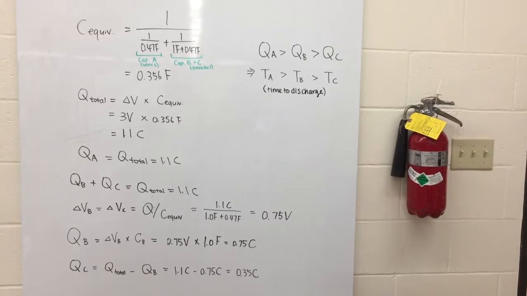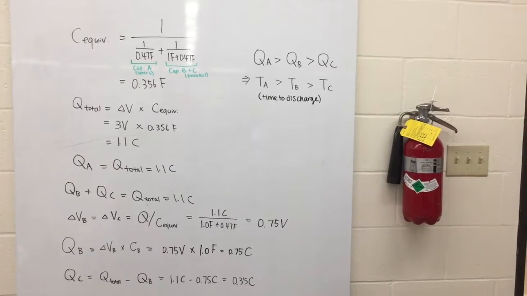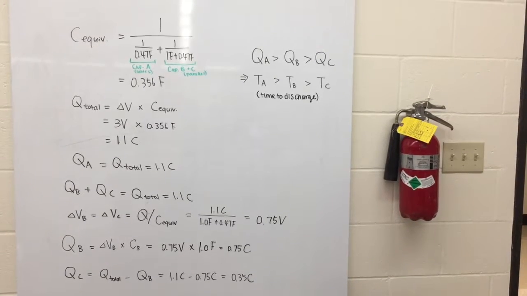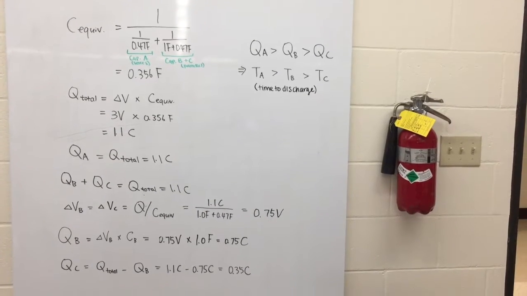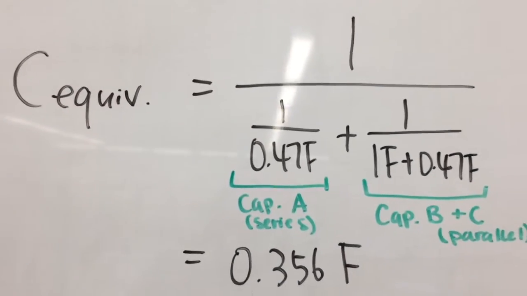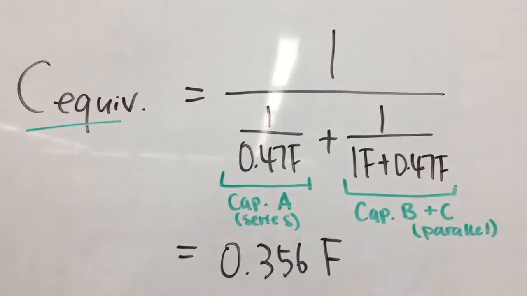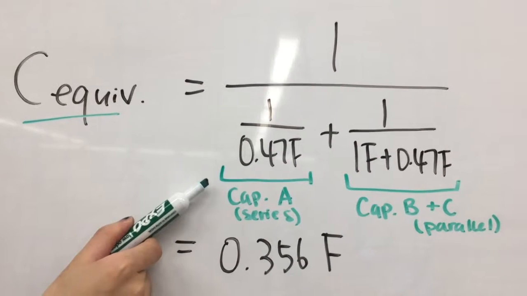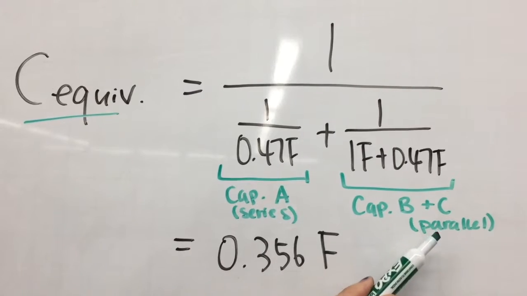We did some calculation to find out the exact amount of charge on each capacitor so that we can predict the time taken for each of them to discharge. First of all, we calculated the equivalent capacitance in this entire circuit by considering that A and the group of B and C are in series and B and C are in parallel.